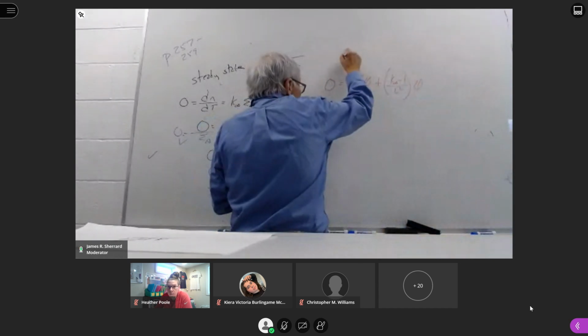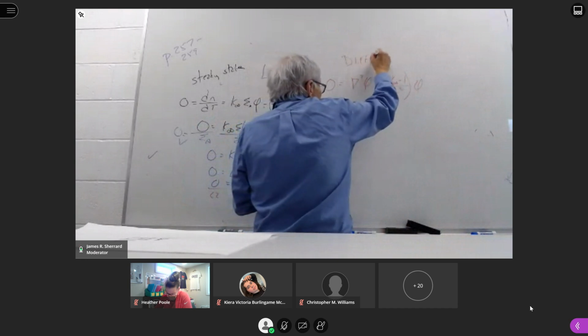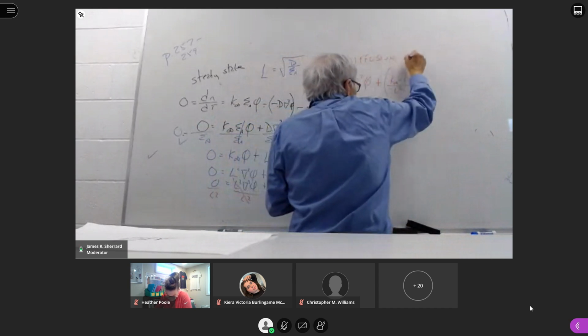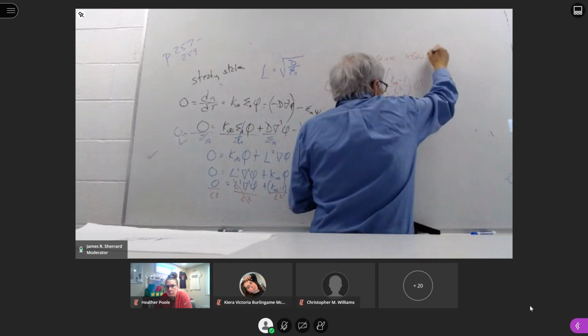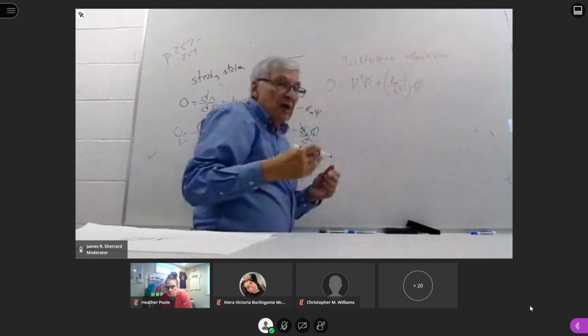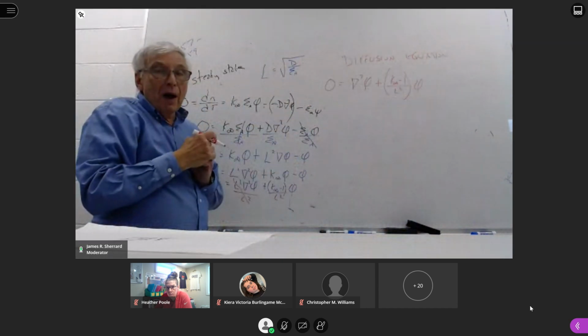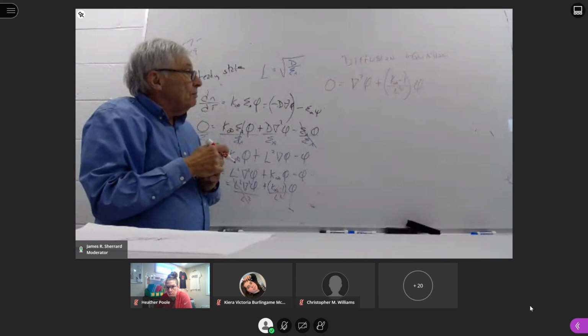This is the diffusion equation. So it tells you what is happening to your neutron population in your reactor.